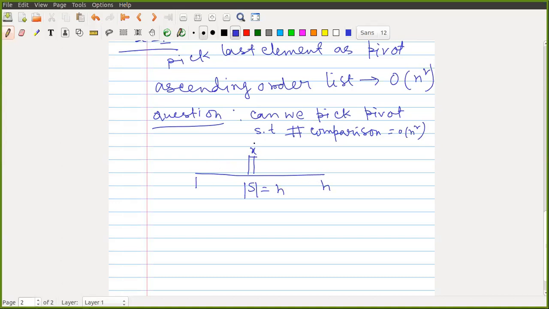Now suppose there is a genie that comes to us and says, let's pick the pivot as X, and the genie guarantees that it breaks the list S into almost two equal size parts, right? So this will be S1 and this will be S2, and more or less S1 equals S2, order wise. I mean, it will be close to n by 2, right?